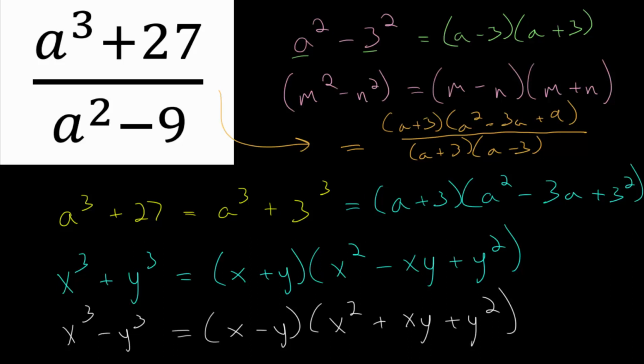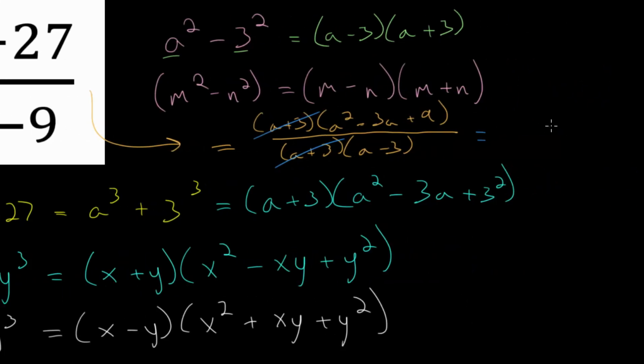But the important thing to notice here is that a plus 3 is in the numerator and denominator. So these will cancel out, since something divided by itself is always 1. And at this point, what we're left with is a squared minus 3a plus 9, all divided by a minus 3. This is our fully simplified rational expression.